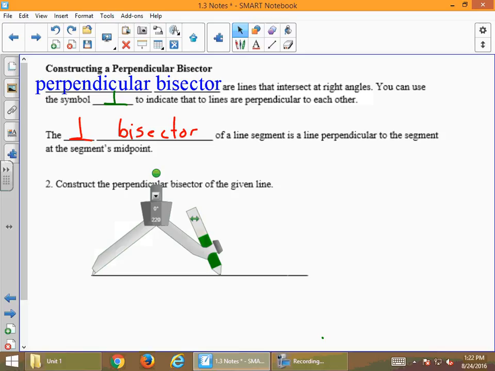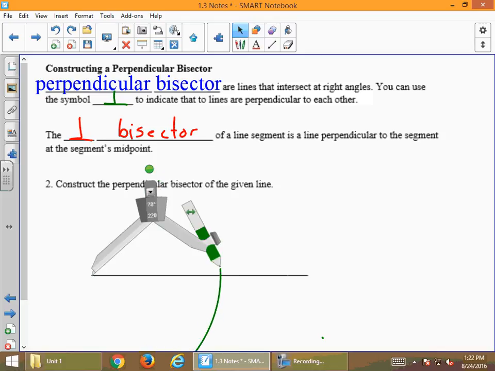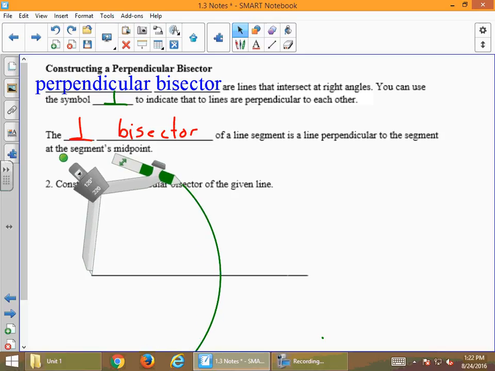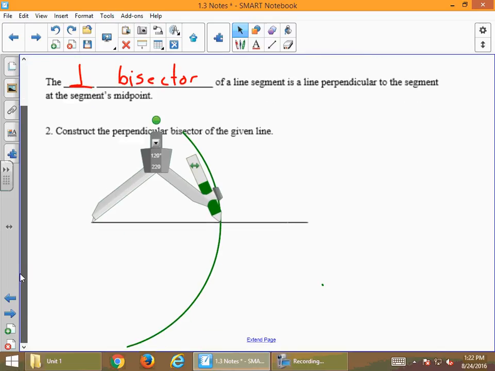Doesn't sound pretty familiar here? I'm going to do a semicircle. And then I'm going to do another semicircle.